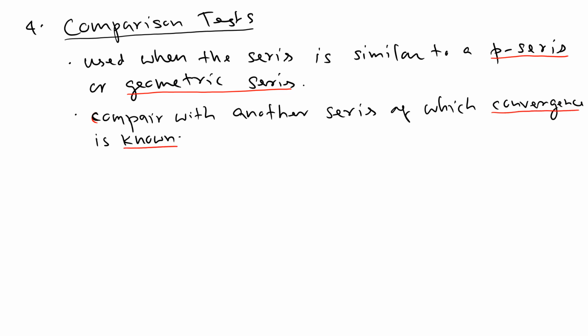Now the question is how to find the second series. To find the second series, we can do some kind of simplification. We consider only the largest terms of the numerator and denominator if the terms are like that. Because you have to compare with another series, what we normally call the second series, the comparison series.